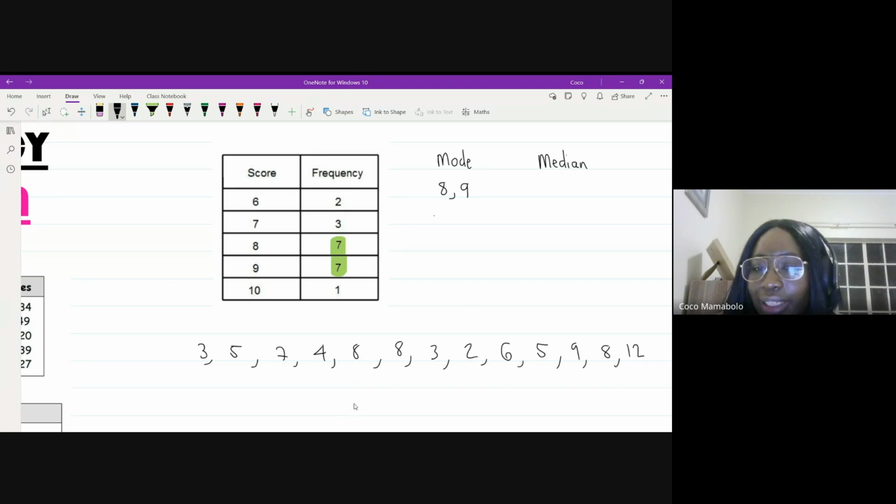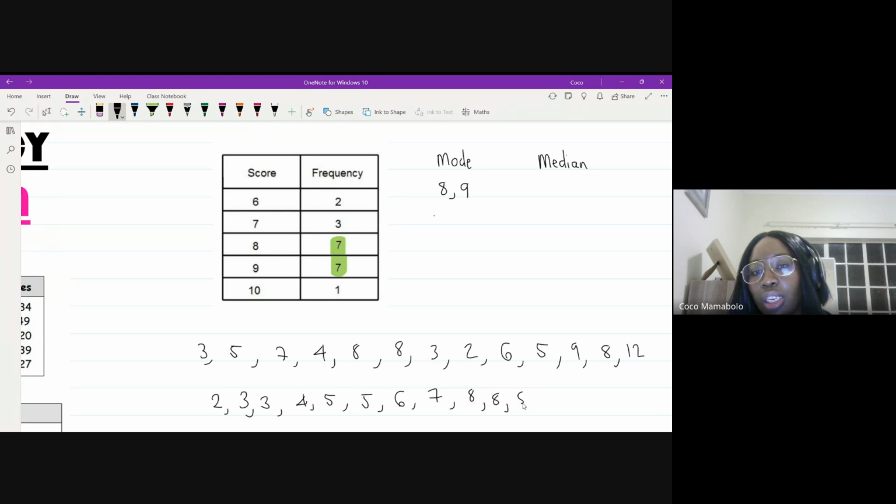I need to arrange this data in ascending or descending order. Both would work, but it's much easier to work with ascending order. So in ascending order I would go 2, 3, 3, 4, 5, 5, 6, 7, 8, 8, 8, 9, and 12.